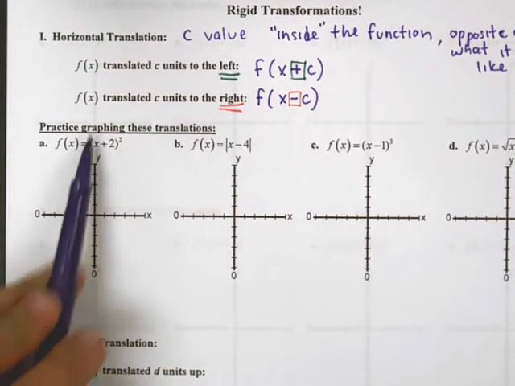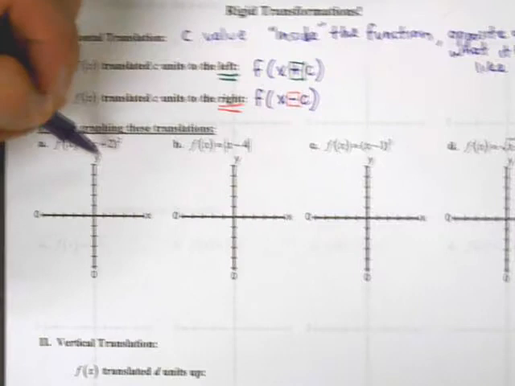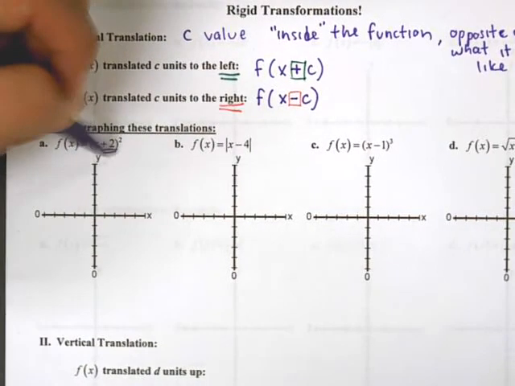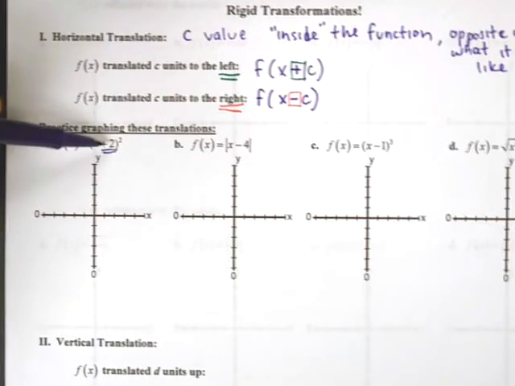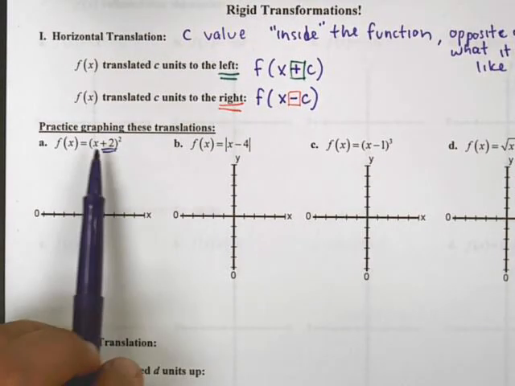x plus 2 squared. This is what I was talking about being inside the function. Do we see how this plus 2 is happening inside the square function? That means that the plus 2 is a horizontal translation. We'll get into what it would look like if it were not a horizontal translation in a little bit. So we look at x plus 2.